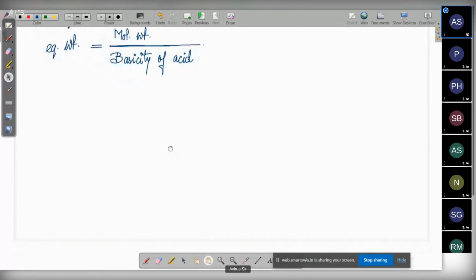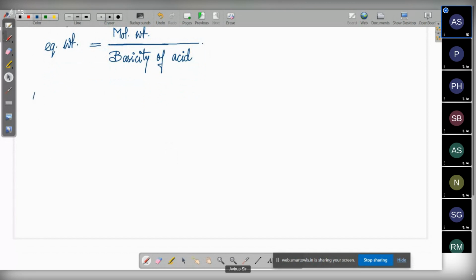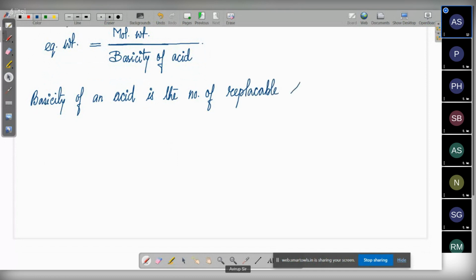So basicity of an acid is the number of replaceable hydrogen atoms per molecule of the acid.